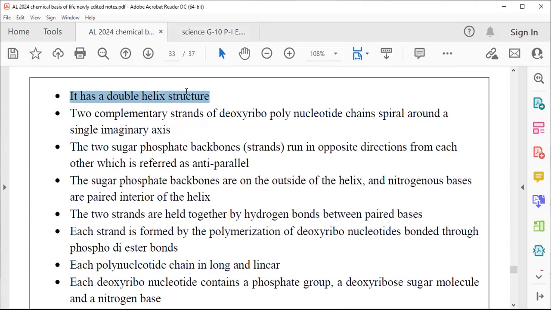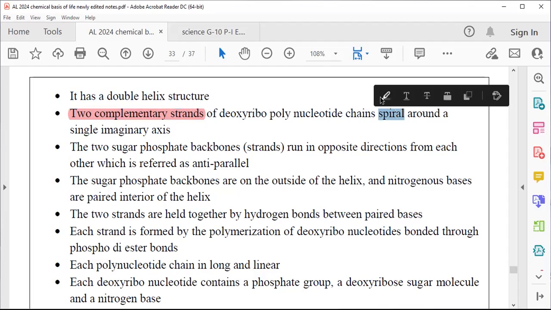It is a, what is it? Double helix structure. How many complementary strands are there? Two strands. Okay. These two strands are arranged in what form? Spiral. Correct?